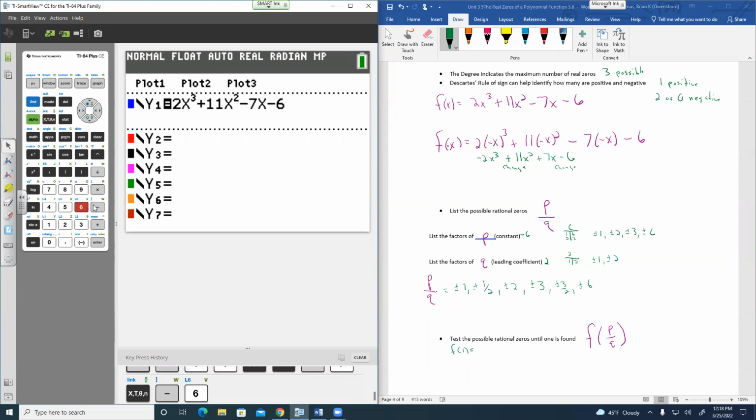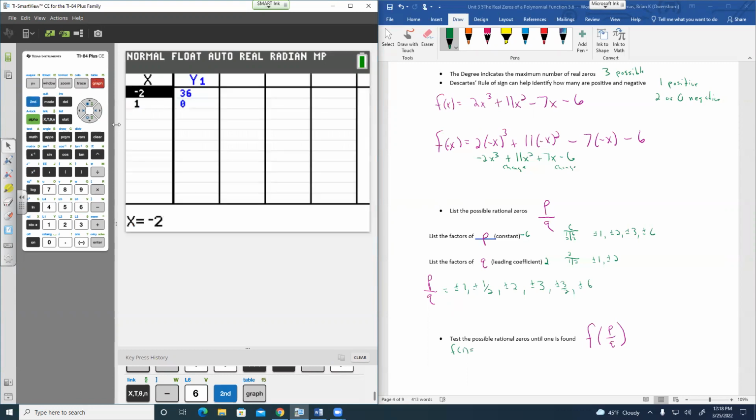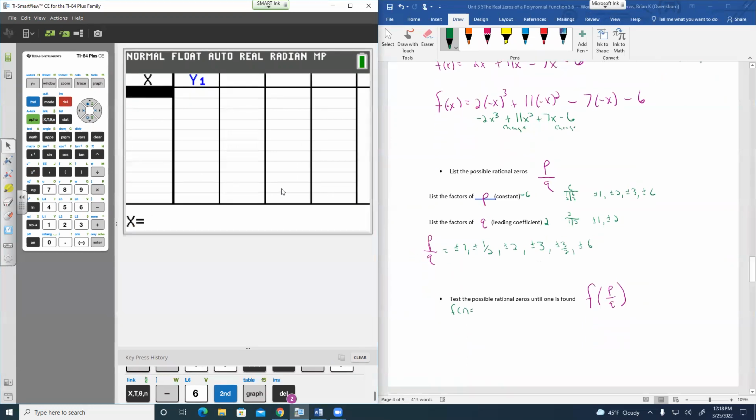May want to double check that, make sure it's right, because you're going to be relying strictly on that at this point. I think we're okay. So when I go to the table now, I'm going to delete these off here. And so now I'm doing f of 1.